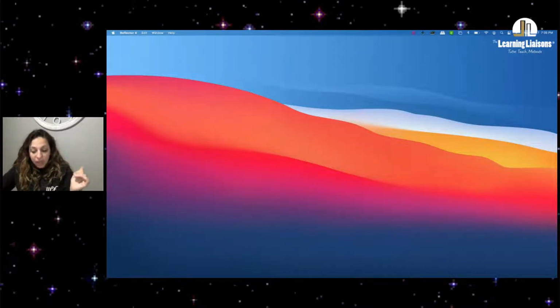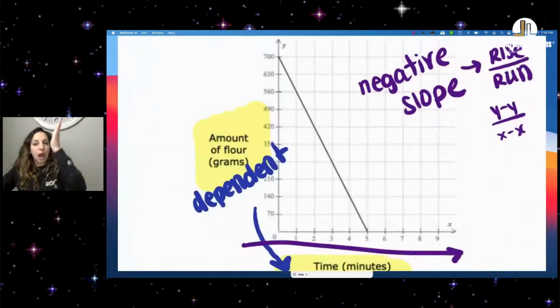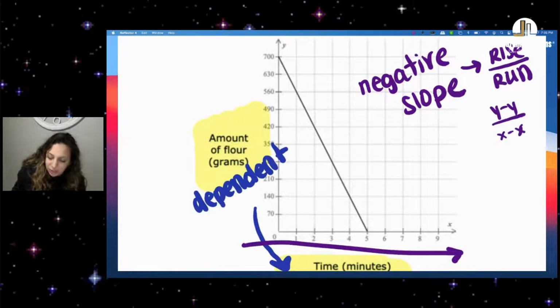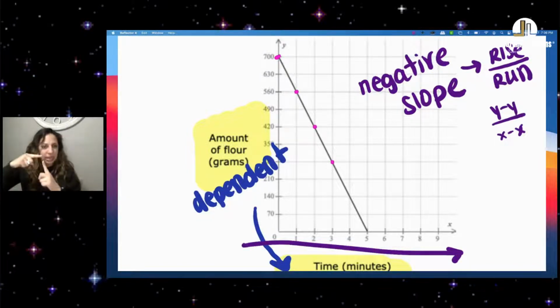And so I've got rise y, run x. So let's take a look at this and figure this out. If I look at this point right here, and then my next point is right here, and my next one is right here, and I'm looking at the points that are crossing at even places. If I look at those, I'm rising how much?